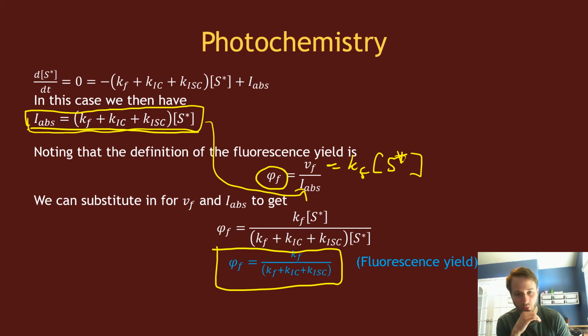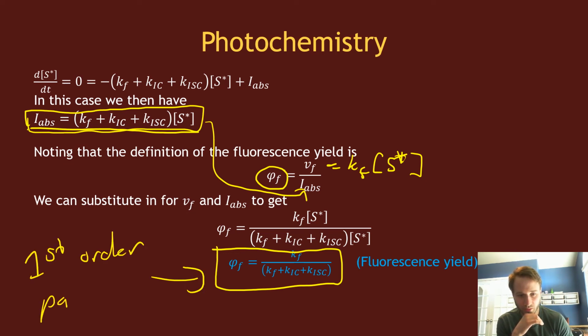This only holds true because we have first order, parallel events. If these were second order events, it wouldn't look as nice and easy as this, but because it's first order, it does.